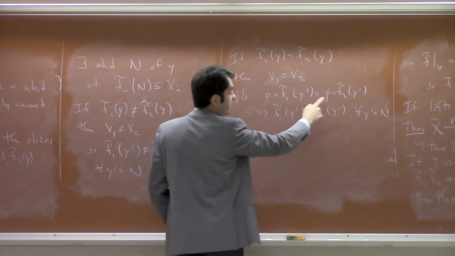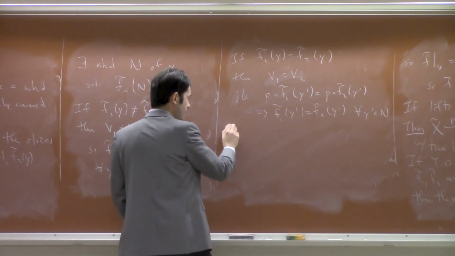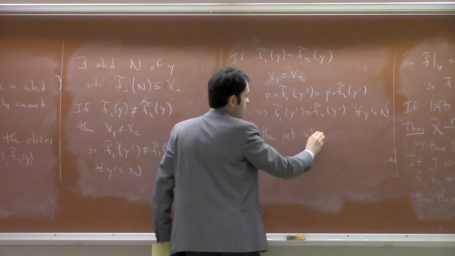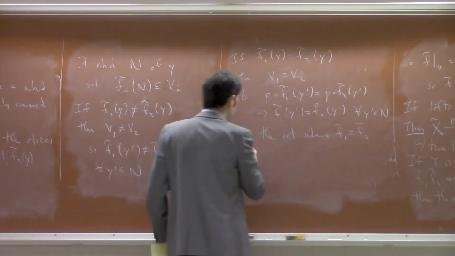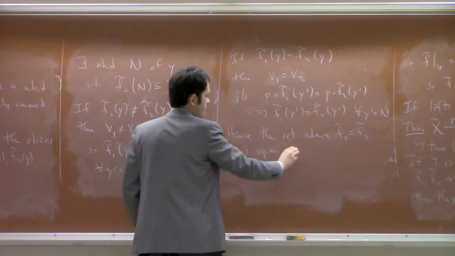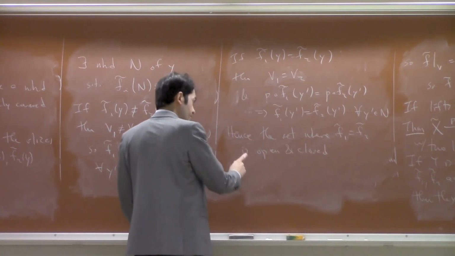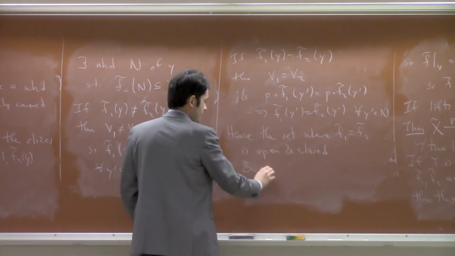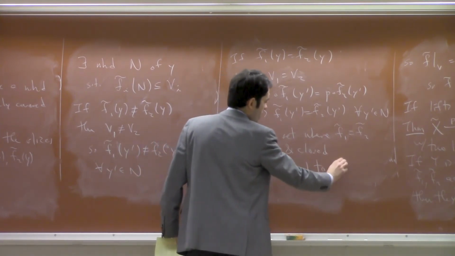In particular, it's injective. And so these are equal. So this shows that the set where F1 tilde is equal to F2 tilde is open and closed. And so is equal to all of Y.